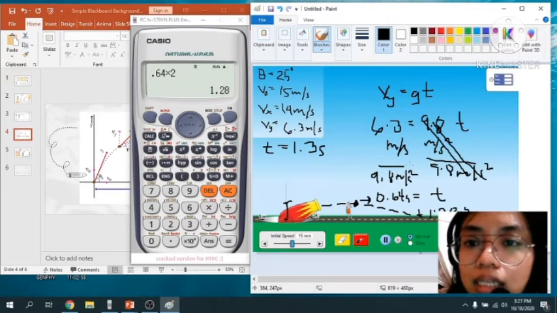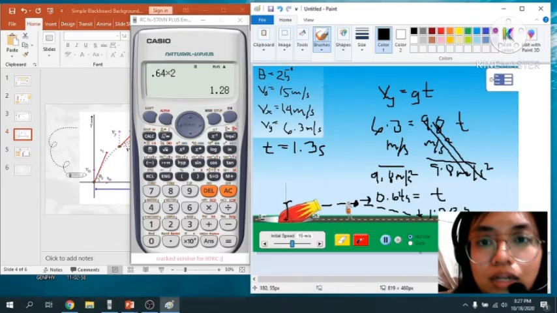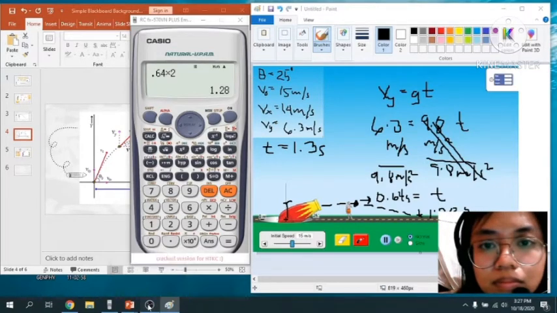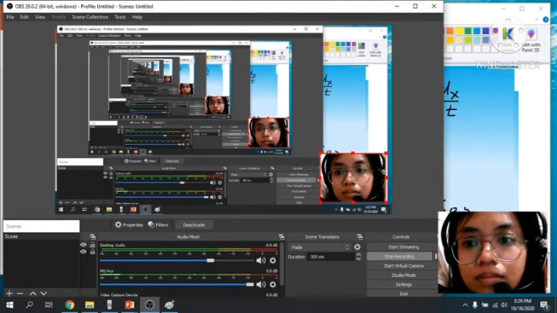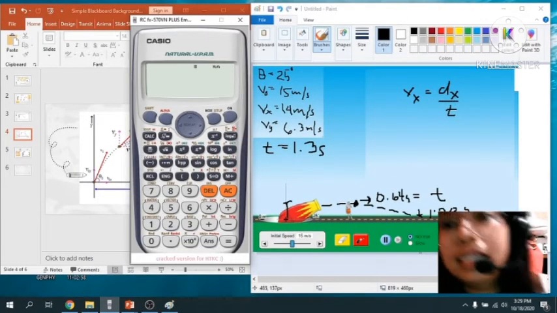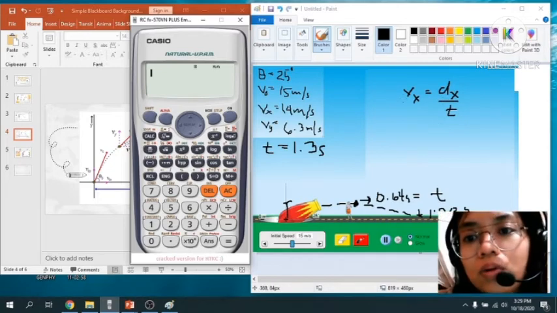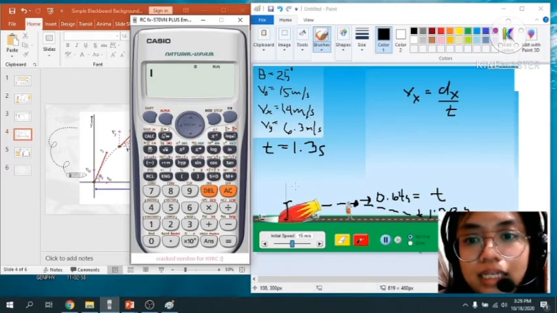Now, let's get the distance where the cannonball can land. In order for us to get the distance, we will use the Vx, or the horizontal velocity. For displacement, or the distance, it needs to be horizontal.